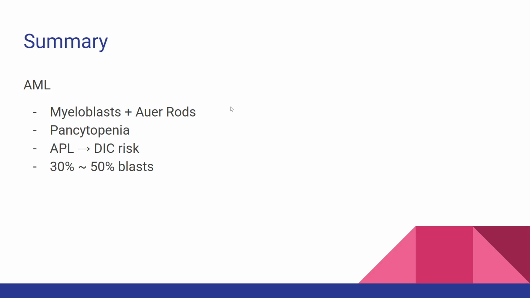It's gonna have a high leukocyte number, and APL will cause DIC, or there's a high risk, and you should also know that all-trans retinoic acid is the treatment for APL. And like I said again, if they give you a question that has more than 30 or more than 50% blast, like bro, boom, AML.